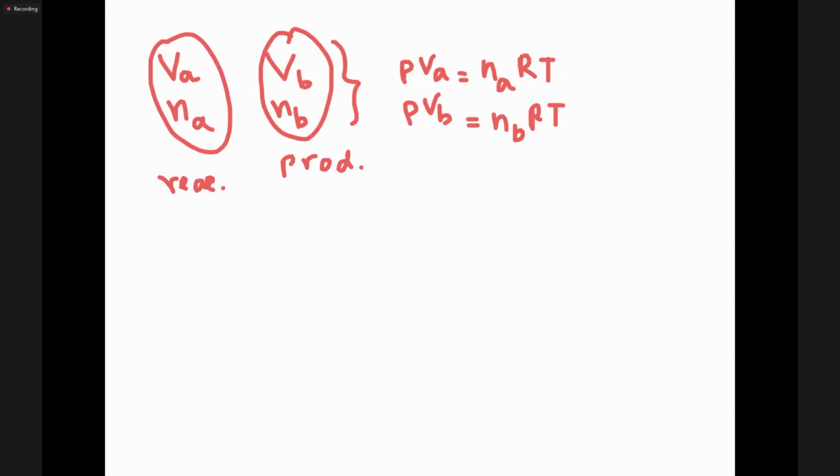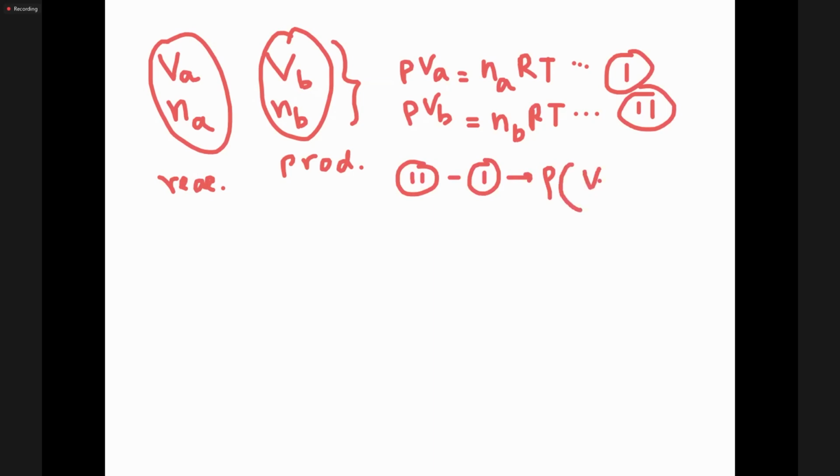So we have these two equations, 1 and 2. If we subtract equation 1 from equation 2, PVb minus PVa, we have P into Vb minus Va.